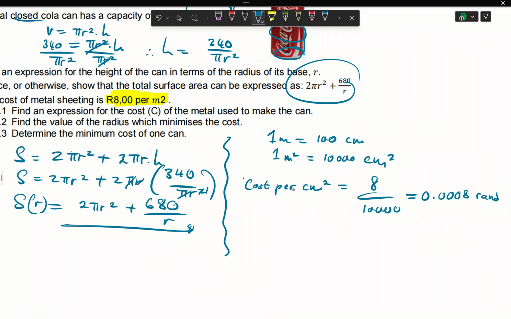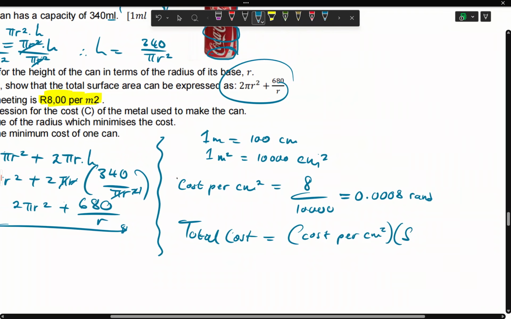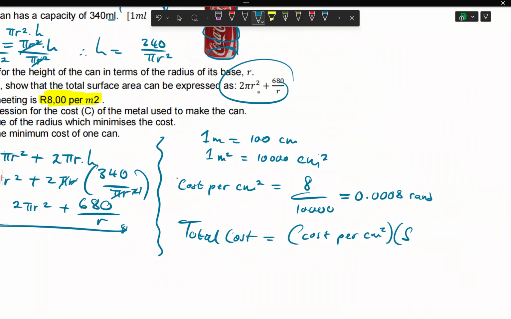To have the cost function, we want to find the cost function. Remember I told you that this is the total cost, which is equal to the cost per centimeter squared multiplied by the surface area. The surface area is in terms of r, so you can say surface area to that.